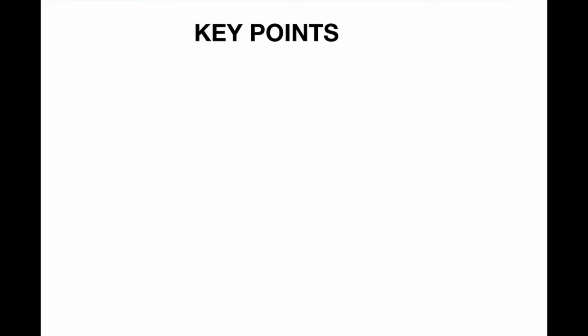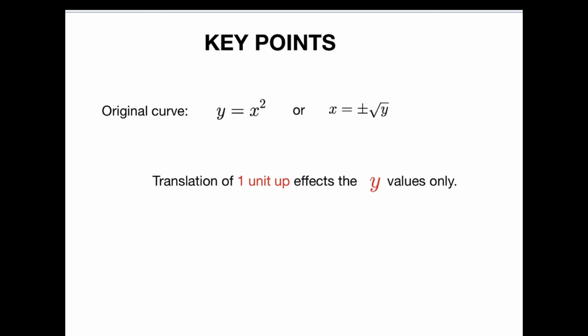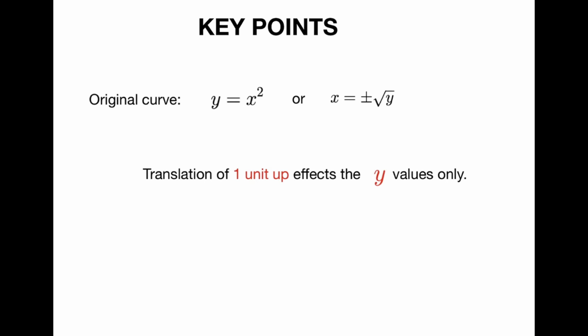Before we find the image equations, let's recap the key points. The original curve can be written in two forms. A translation of one unit up affects the y values only, and a translation of one unit to the right affects the x values only.